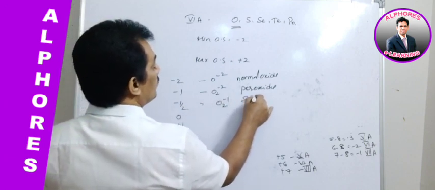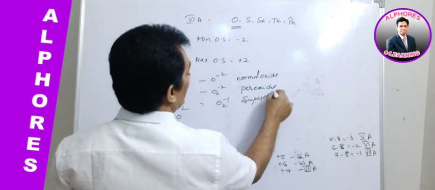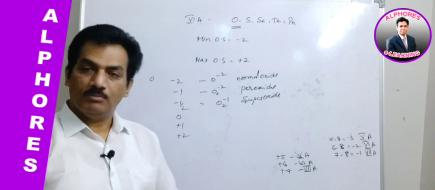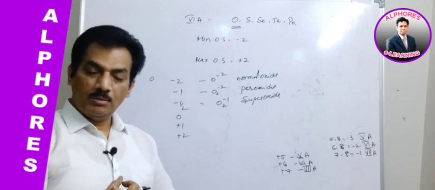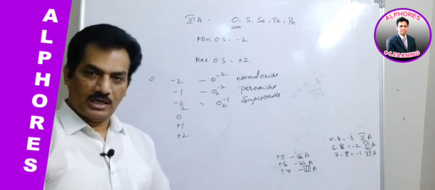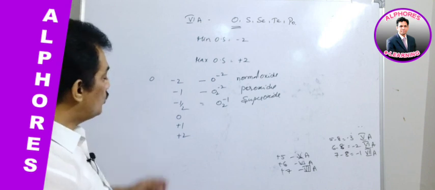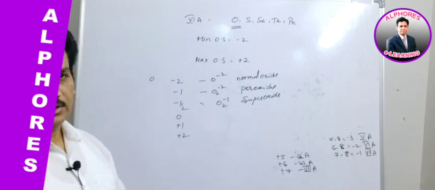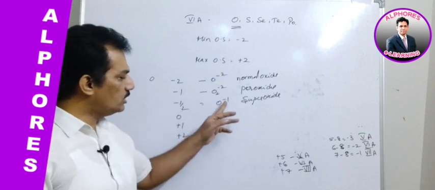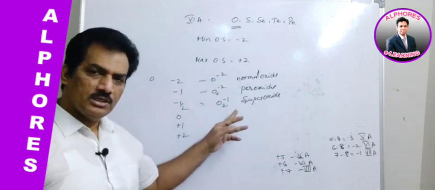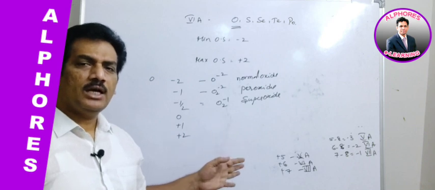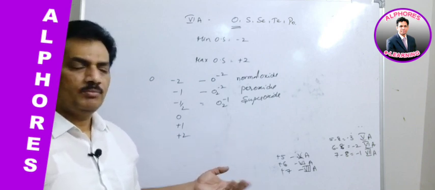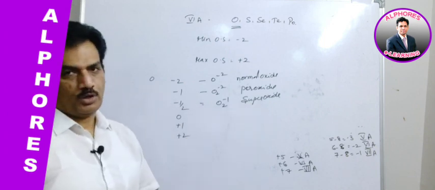It is known as superoxide. So in normal oxides, oxygen exhibits -2 oxidation state. In peroxides, it exhibits -1, and in superoxides, -1/2. The charge possessed by two oxygen atoms is -1, so per atom the charge is -1/2. That's why it is superoxide.